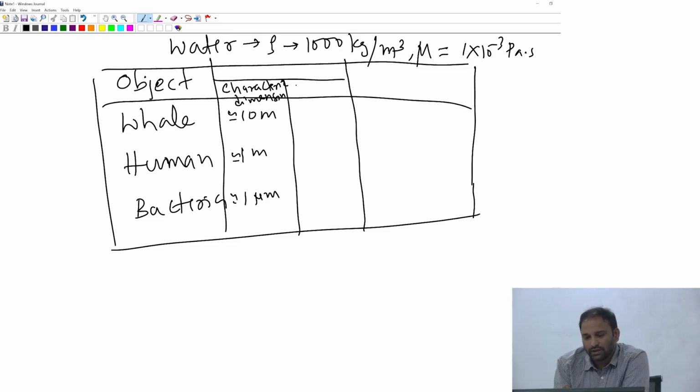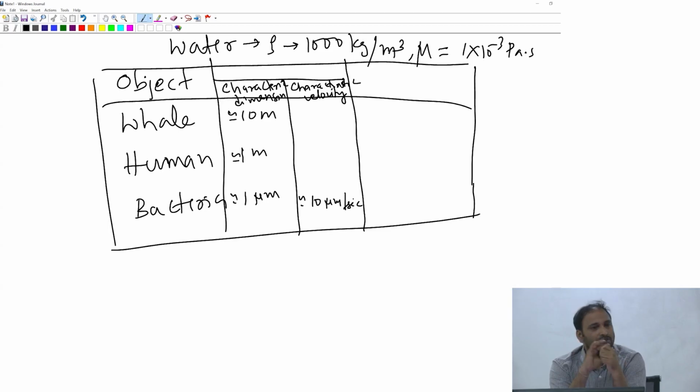What do you think about the characteristic velocity with which these things move? What do you think would be the speed of, let's say, bacteria? They typically swim with a velocity of the order of 10 micrometer per second. That's the speed with which they move in a fluid.